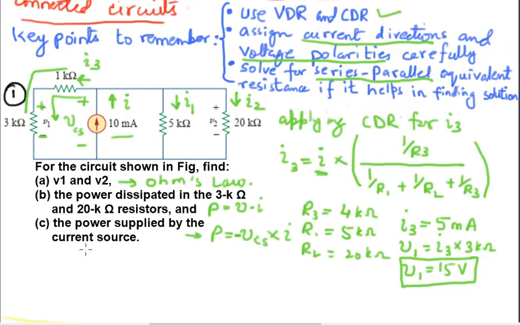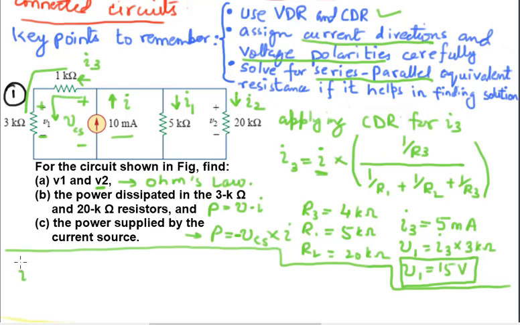Now similarly, if you want to find the current flowing in the 20 kilo ohm resistor, because you need to find V2 and V2 is over here, then if you want to find V2 you need to find I2.